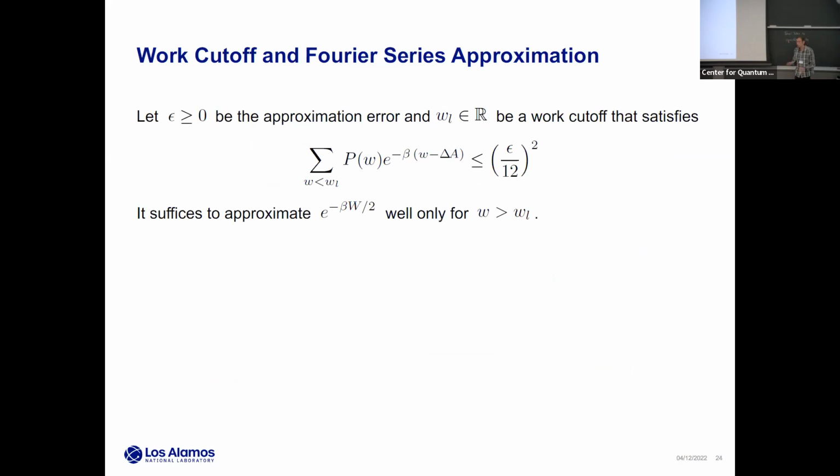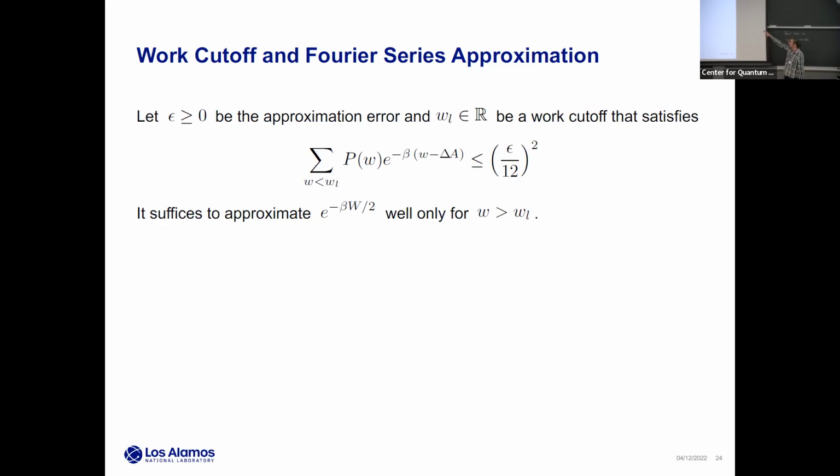So the most crucial aspect is now how are we going to do this approximation? The first crucial ingredient is that we observe that we only need to approximate this exponential operator in part of its spectrum that corresponds to values above a certain low work cutoff.